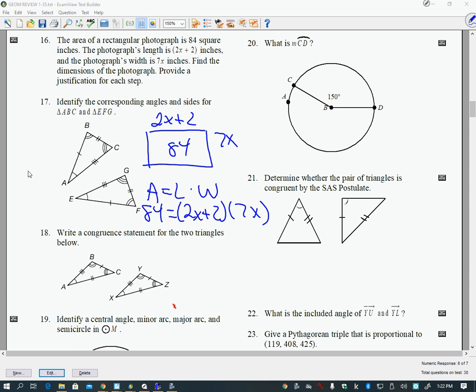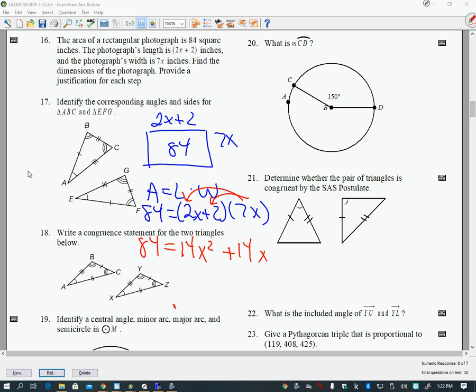That step would be referred to as substitution, right? The next thing I would do is distribute the 7x to each of these two terms. All right, so what's 7x times 2x? So 14x squared, and then plus 14x, and that's set equal to 84.